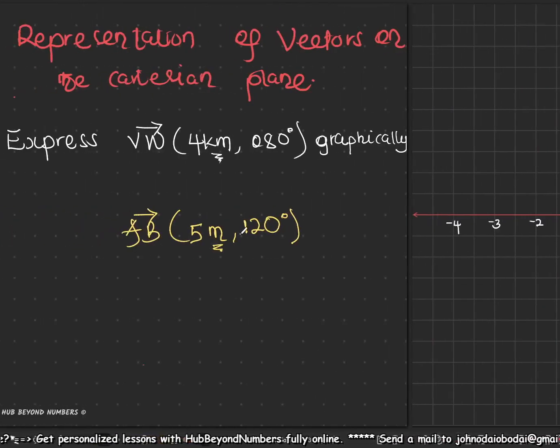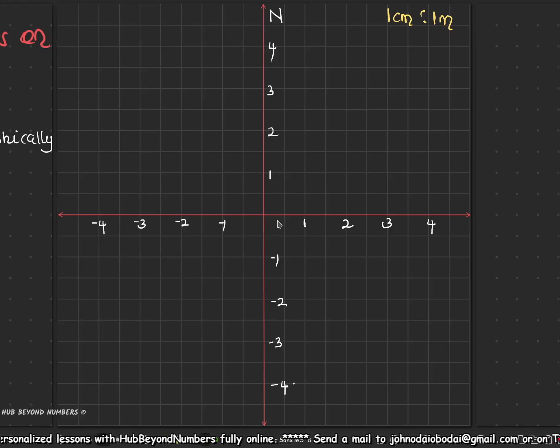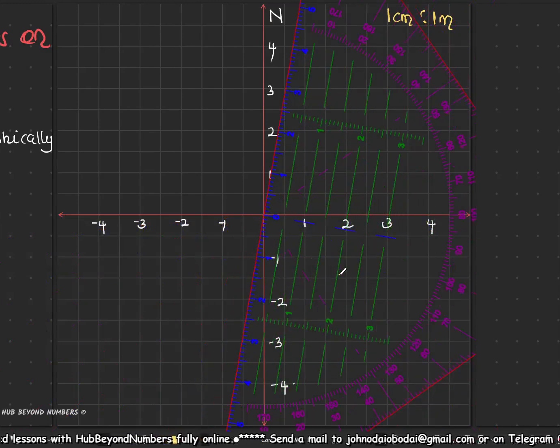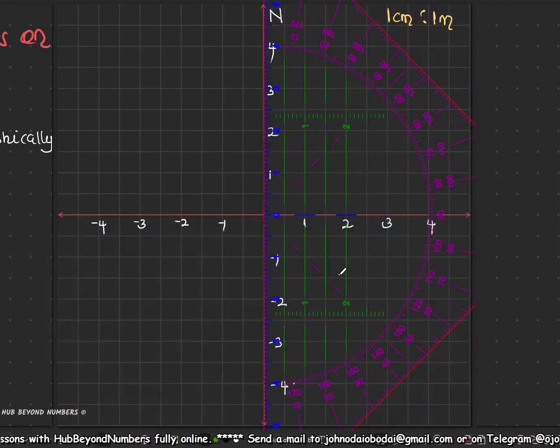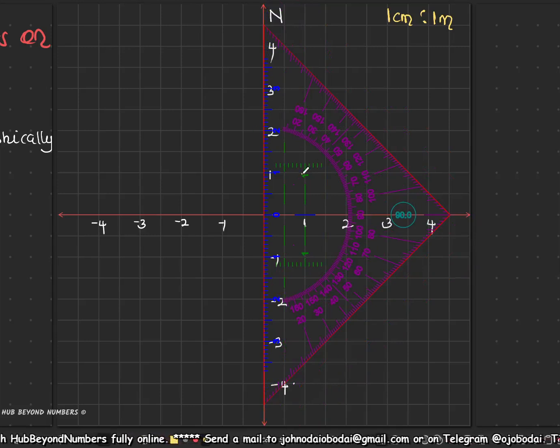Then we come back and say we have an angle of what? 120. So that is what we need to measure first of all. So I'll take my protractor and measure angle 120 degrees. For mine, my 0 is in the inner, starting from the north. Yours might be from the outer.